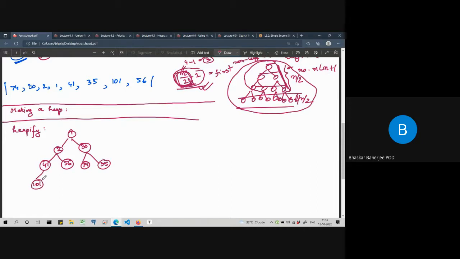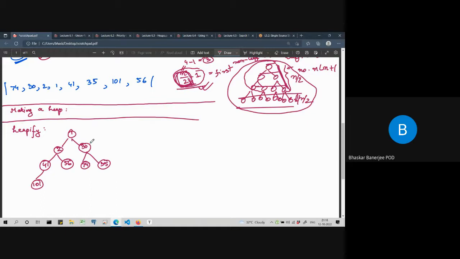So this was our heap, right? Our minimum heap, where the minimum element is at the root. Now, let's say I ask you to somehow remove the number 30 from this heap. Deleting 30 from the heap.